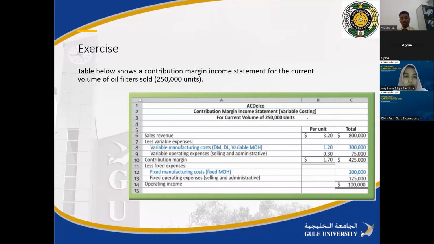So operating income here is 100,000. Variable cost per unit is 1.20 for manufacturing cost and 0.3 for the selling operating expenses, and there is fixed cost, which is 325. This is the question of the exercise.